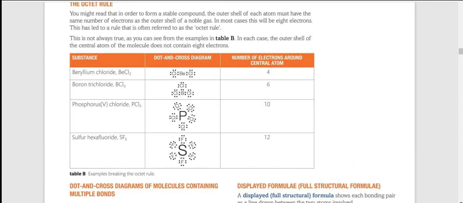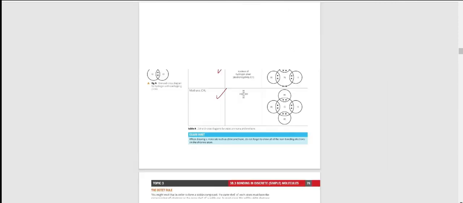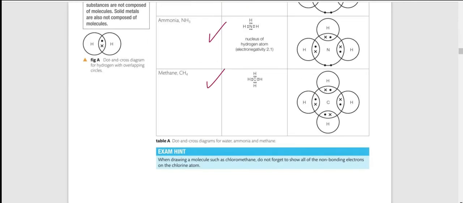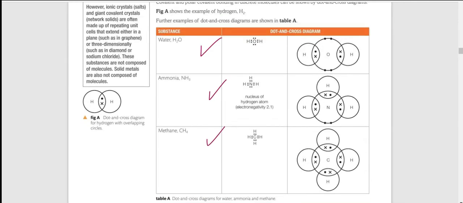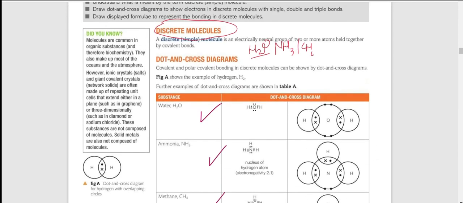I'm not going to the next topic because the next topic is starting now. So let me first of all tell you about these three molecules. Discrete means simple, okay? So when we are getting discrete molecules, this word is an examiner word actually.